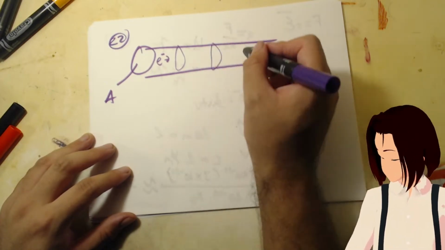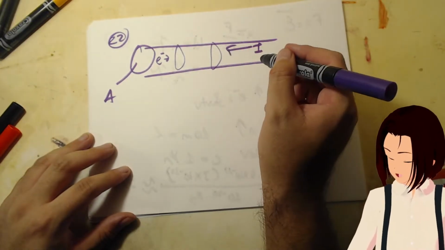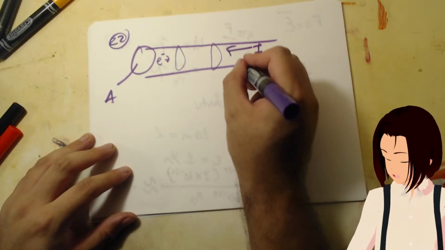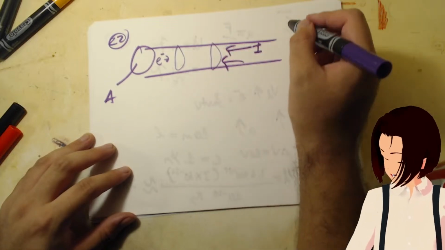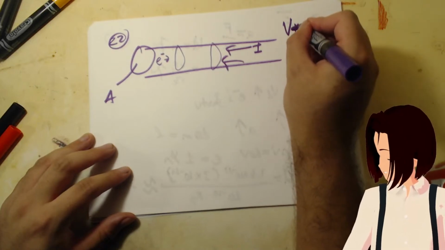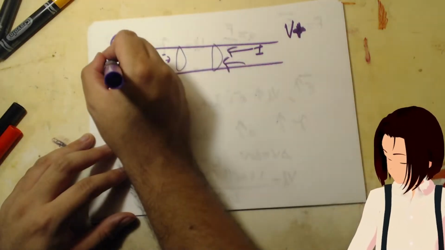Current is going this way. We also know the electric field is going this way. The reason is because voltage is right here. This is the 10 volts, and so this would be the minus part.